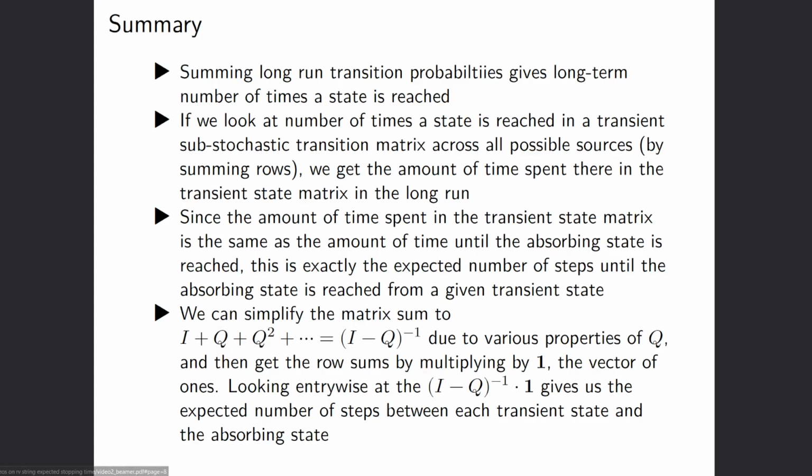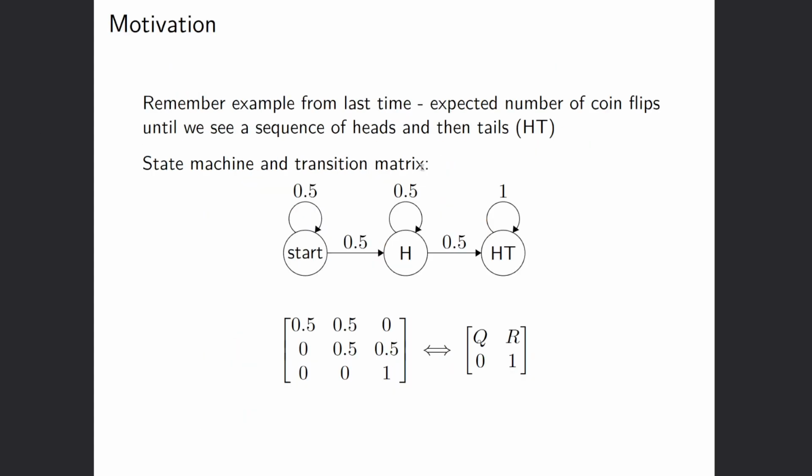So to go over that again, basically we're determining the amount of time that is spent in states like, in this example, start and H. The amount of time that we spend in our substochastic transient matrix, Q, is going to be equal to the amount of time before we get to this 1, so before we get to HT.